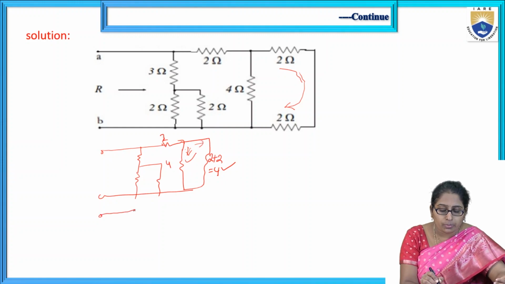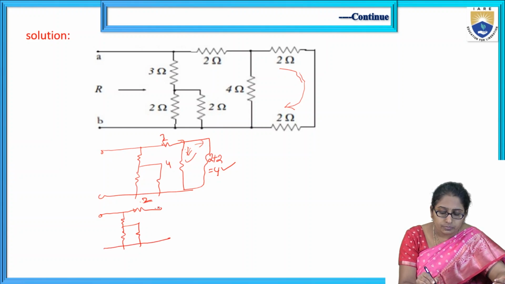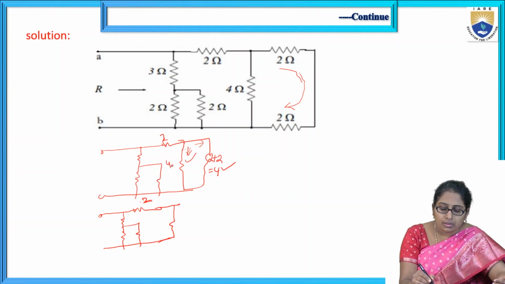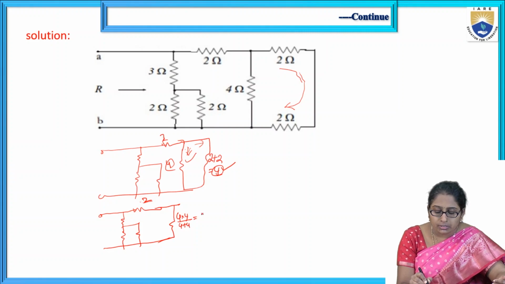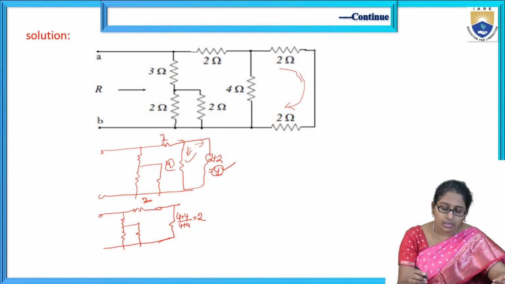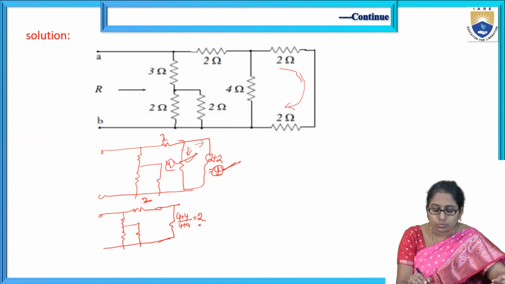So the next step is this 4 and this 4 in parallel: 4 into 4 by 4 plus 4, 16 by 8, 2. So these two are replaced with a resistance of value 2.